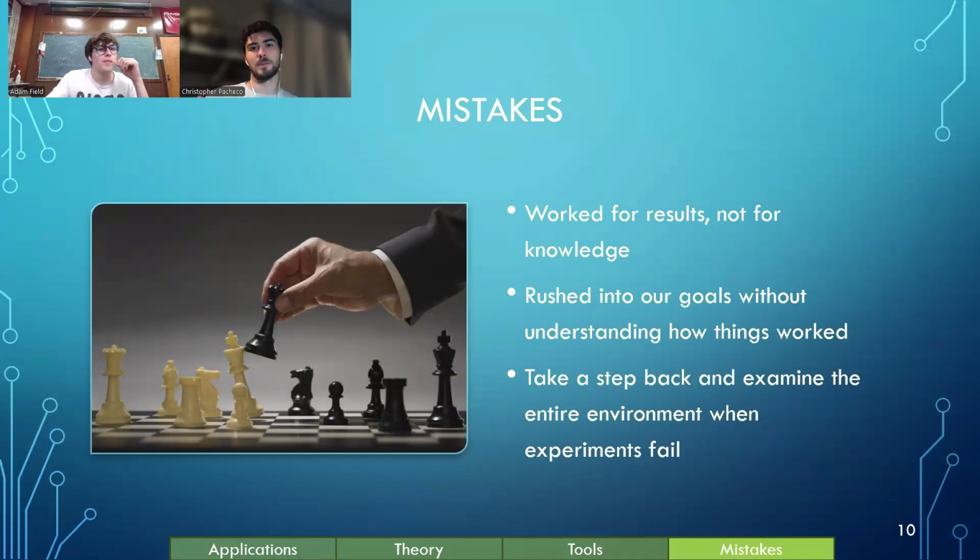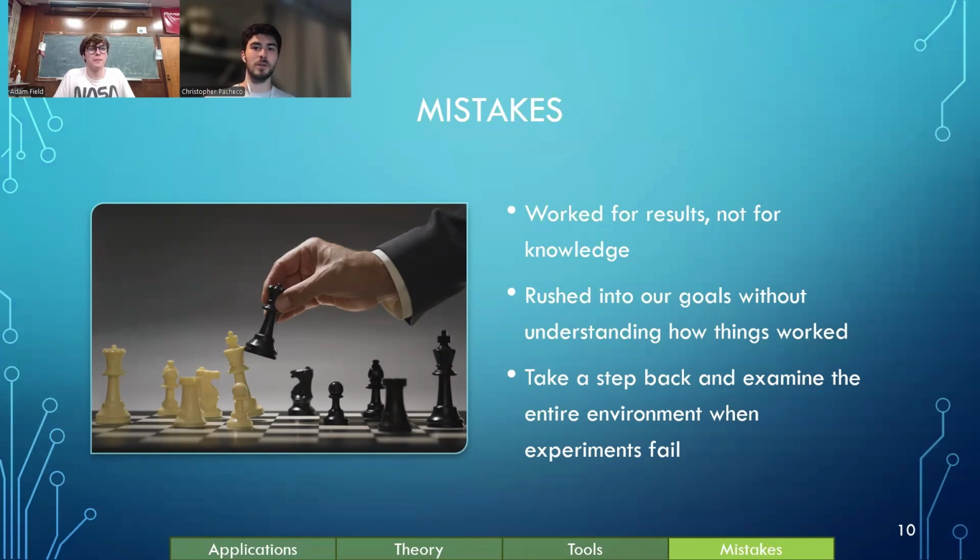Now we're going to move on to some of the mistakes that we made and that we hope we can teach you guys not to make. For starters, we worked really hard for results, but we weren't working hard for experience and knowledge. What that means is we were just forcing things to happen without actually understanding or trying to figure out what is supposed to happen or what is actually happening.